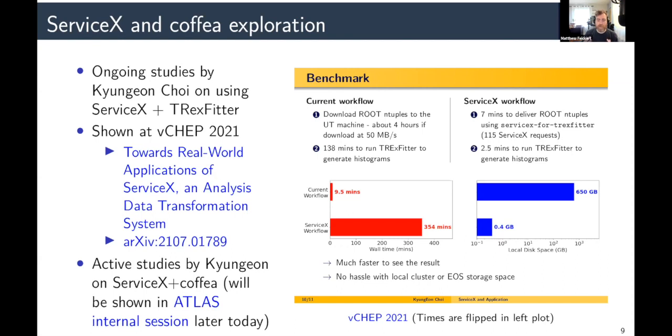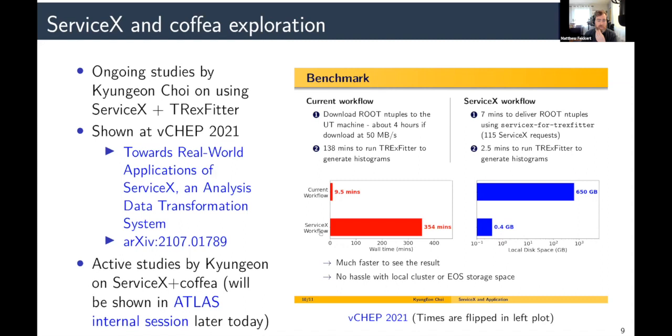I believe in this particular slide on the left-hand side where it shows the current workflow and the ServiceX workflow, these times are flipped. But just from the discussion points here, we can see that ServiceX was able to, in 7 minutes, deliver the transform of the ROOT n-tuples, and then it only took 2.5 minutes for TRExFitter to actually generate the histogram.